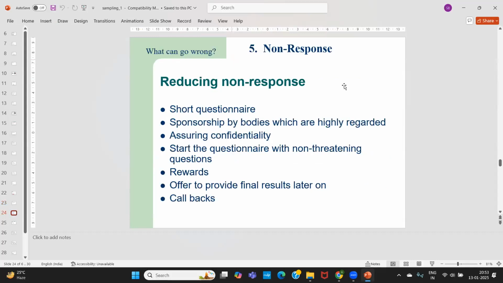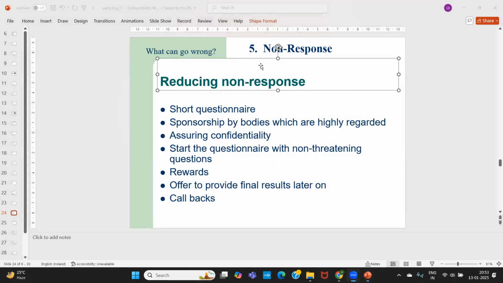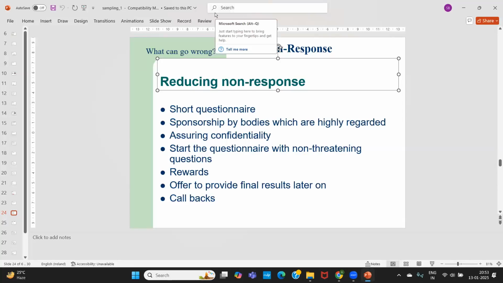How to reduce the non-response? The questionnaire should be short, and have sponsorship by bodies which are highly regarded in society, say an institution like Yeshada, Pune University or VIT. Assure confidentiality, meaning sometimes their opinions should be kept confidential.